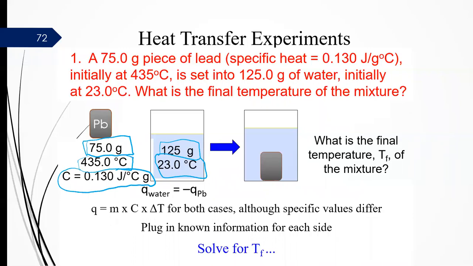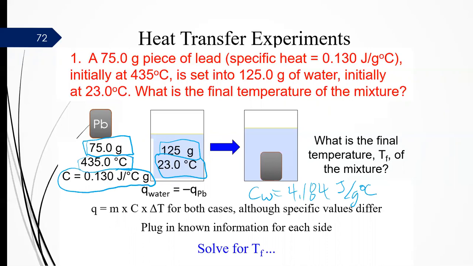Water in this case is 4.184 joules per gram degrees Celsius. That one is so common that I've given it to you on the back of your equation sheet because we'll use water so often for our calorimetry.